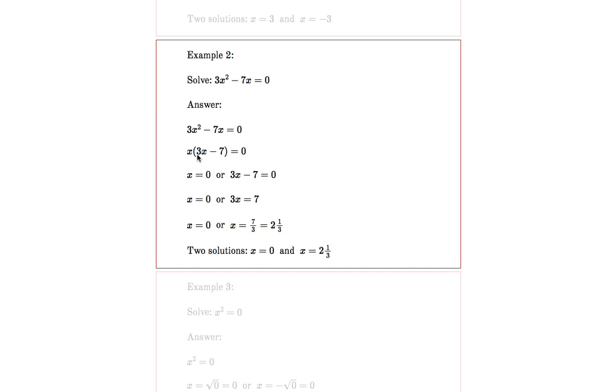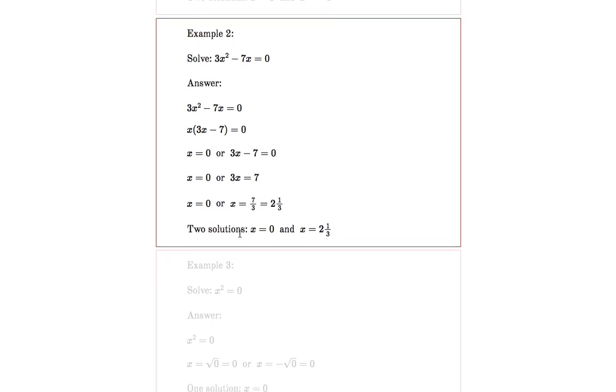So in order for this product to be 0, either the first x is 0 or this second term, 3x minus 7, is 0. So we move this 7 to the other side. 3x is 7. We divide by 3. x is 7/3, which is 2 1/3. So we have two solutions, x is 0 and x is 2 1/3.